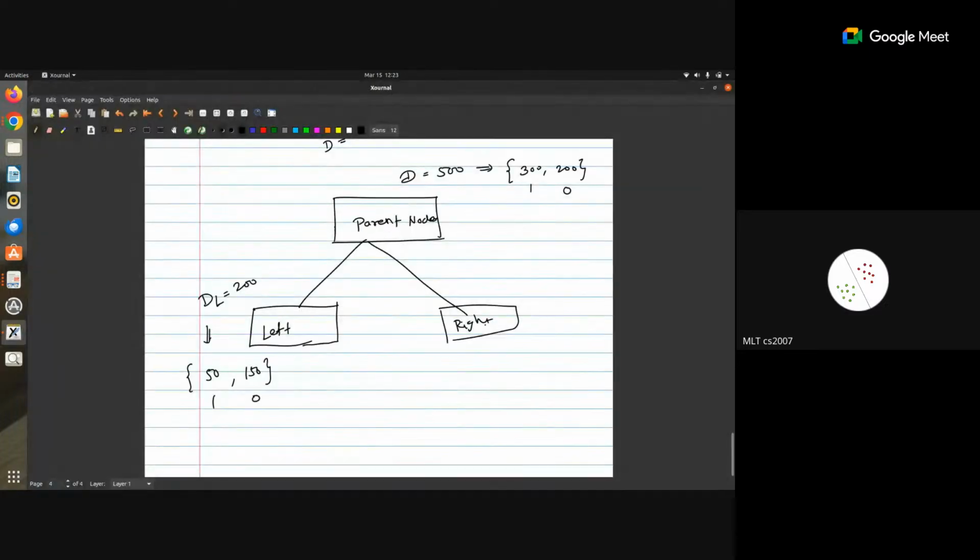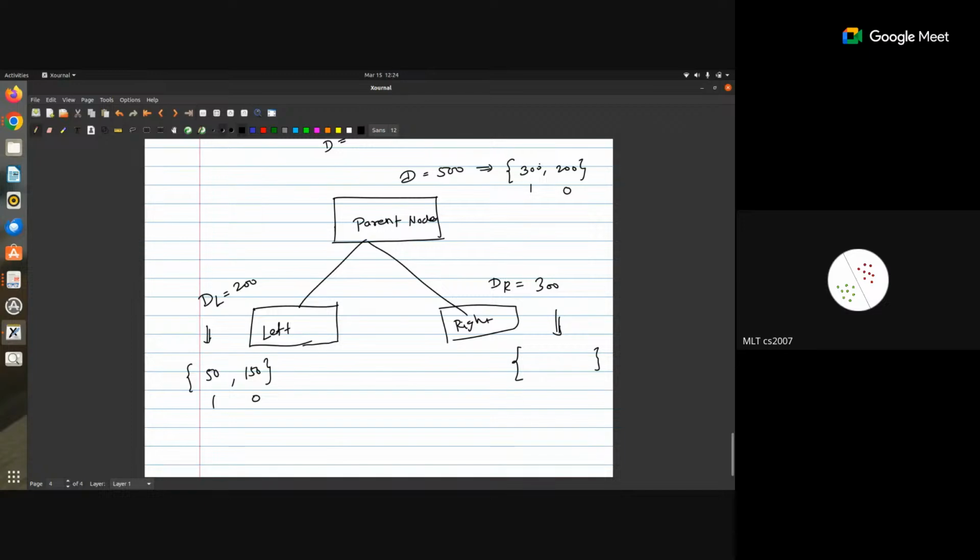Let's try to understand first of all how many data points will be there. 200 go to the left, so that means 300 will go to the right side. Is that correct? Any issues here? No, sir. Okay, now we have to decide how many positive class data points will be there among these 300.